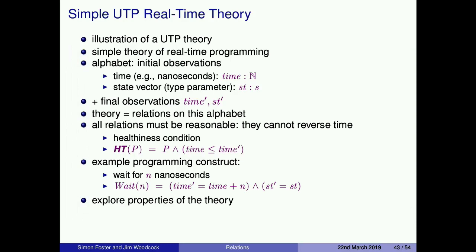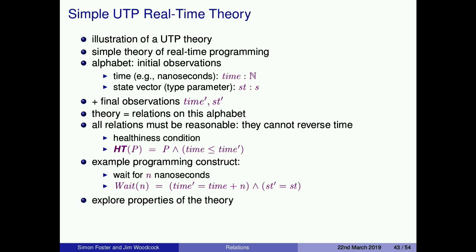So let me give you a simple illustration of this. So far we've been dealing with these basic imperative programs. Let's add time to these programs. So as I said, a UTP theory consists of three parts. So first of all, we have our state variables. So we're going to have an alphabet, which consists of the different observations that we can make. And in this case, we're going to have two of these. We'll have a variable called time, which is going to represent the passage of time.